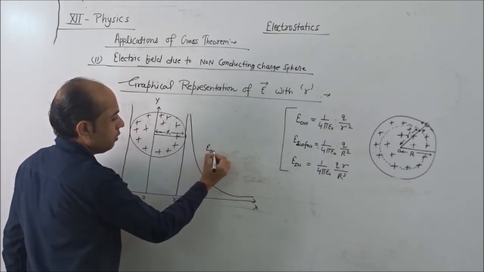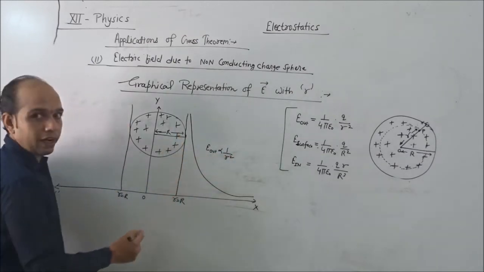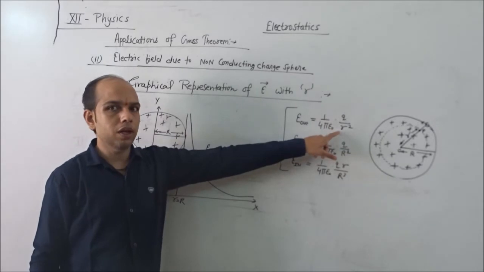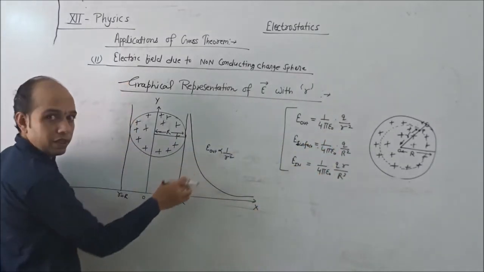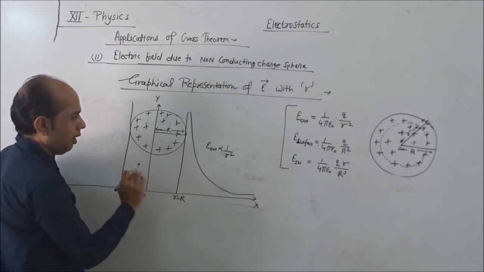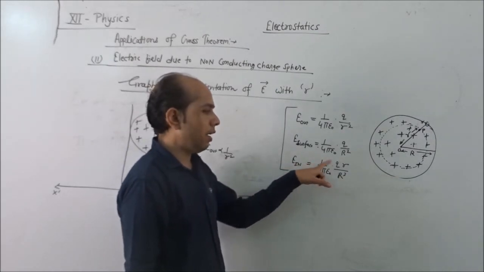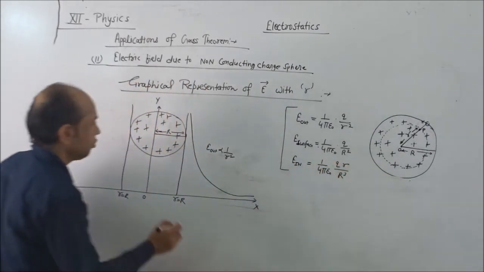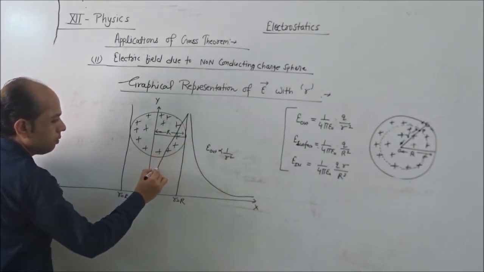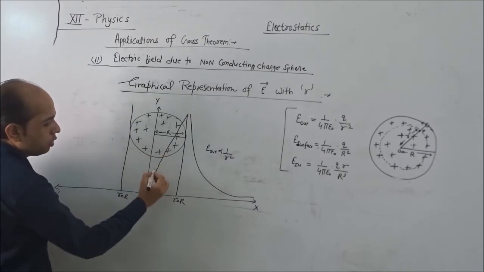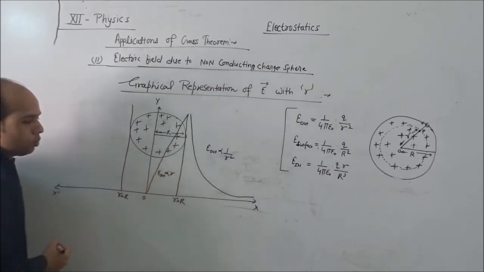For the second result, small r is equal to capital R, so the result remains the same. Third, E inside is directly proportional to r, so for a directly proportional result we draw a straight line. This straight line indicates that E inside is directly proportional to r.